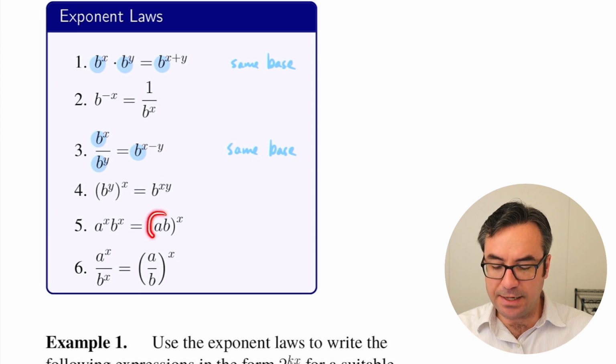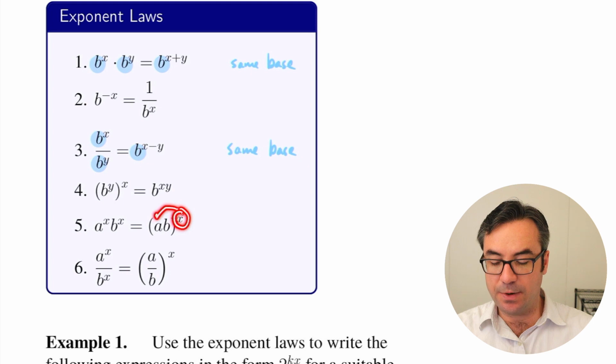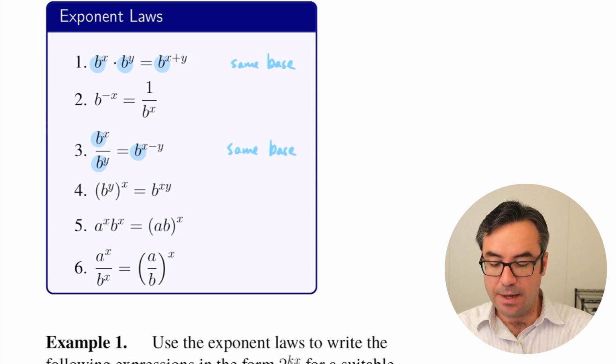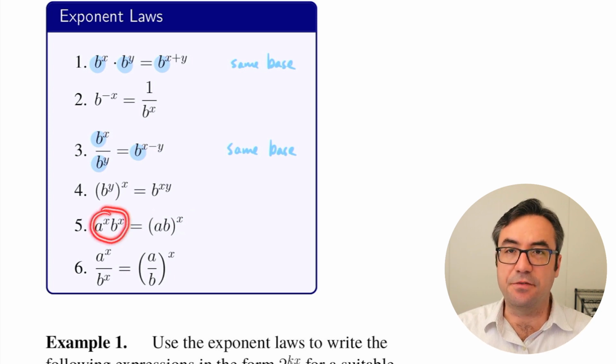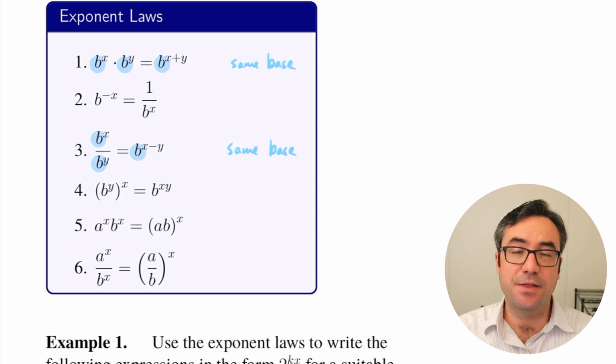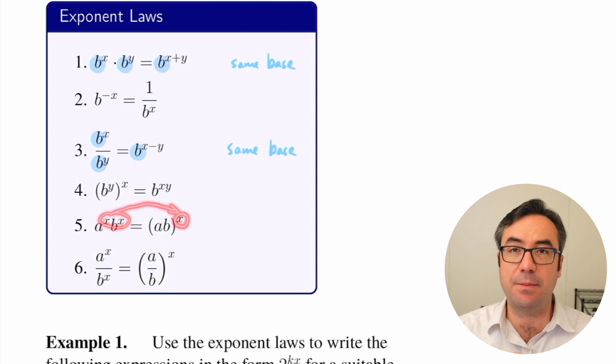If we have a times b raised to the power x, this property tells us we can take that exponent and distribute it to each of those terms inside the parentheses. Or you can think of it like factoring. If we read this the other way, if we have two exponential terms that both have the same exponent, we can factor off that common exponent.